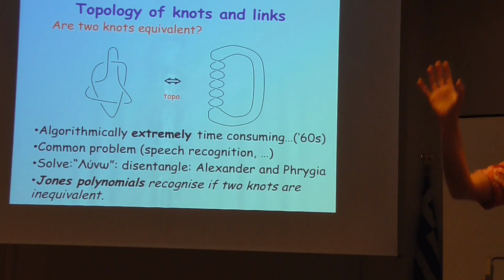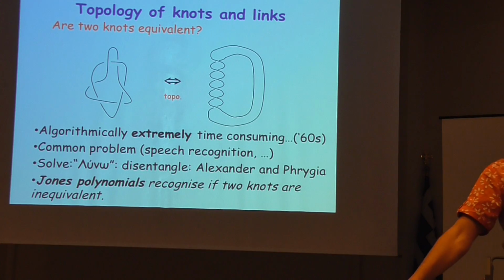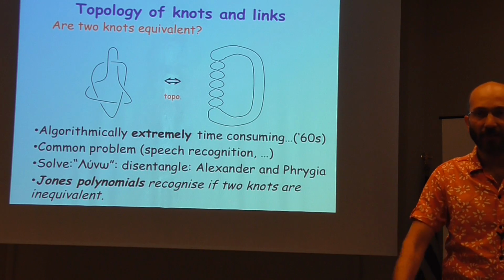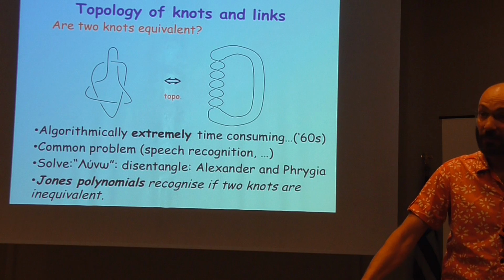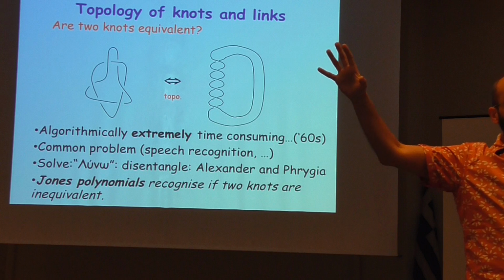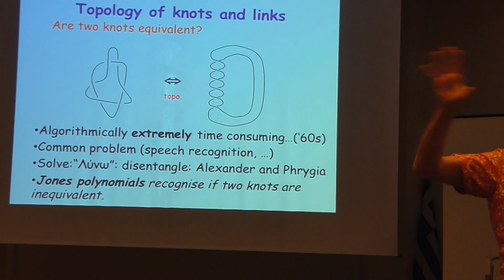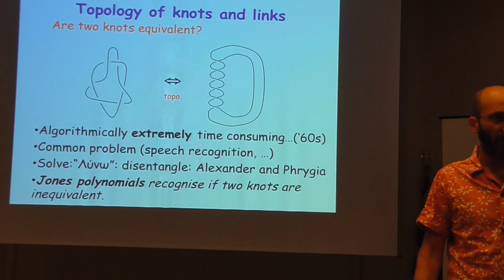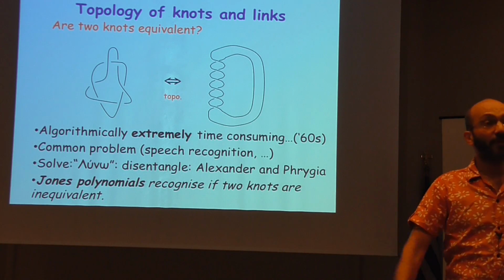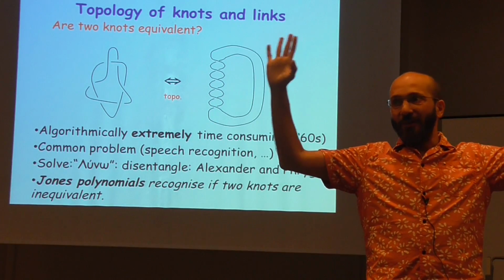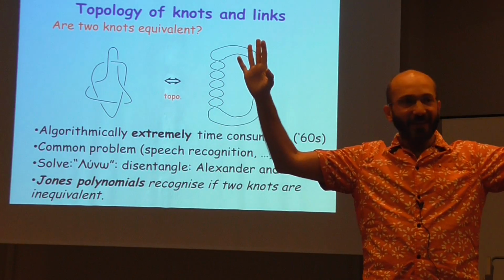So I have one knot and I calculate the Jones polynomial, and another knot and I calculate its Jones polynomial. If these Jones polynomials are not equal, it means that the knots are not equal. Because if they were equal topologically, then the corresponding Jones polynomials should be equal as well. Okay? But of course, if the Jones polynomials are equal, it's not necessarily true that the knots are equivalent.